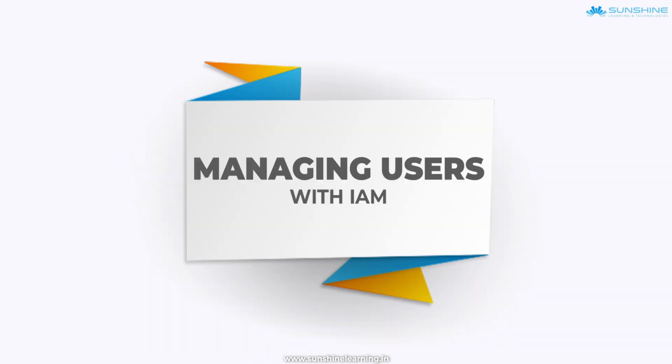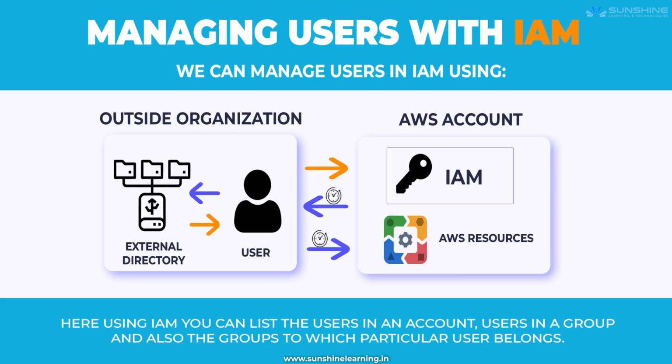Managing users with IAM. Here you can see a diagram. It shows we can manage the users in IAM using some external directory also. Using IAM, you can list the users in an account, users in a group, and also the groups to which a particular user belongs.